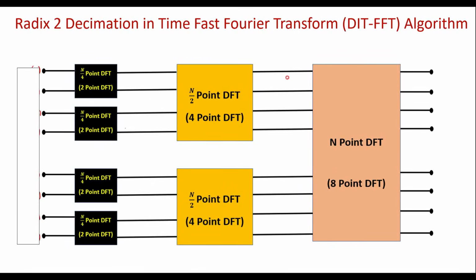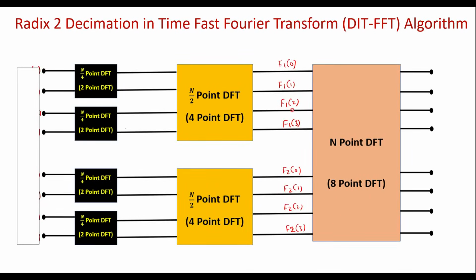As I said, these are the inputs, f1 of 0, f1 of 1, f1 of 2, f1 of 3 and this is f2 of 0, f2 of 1, f2 of 2, f2 of 3.